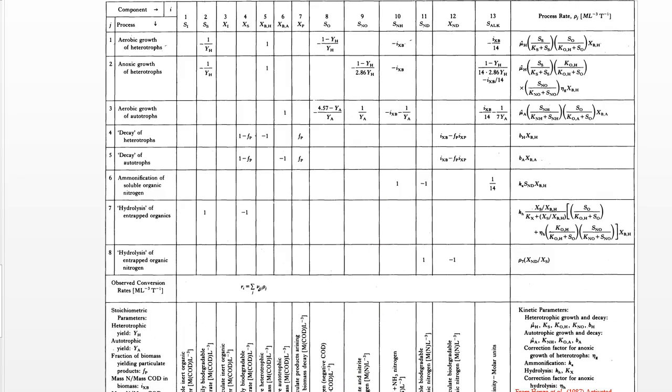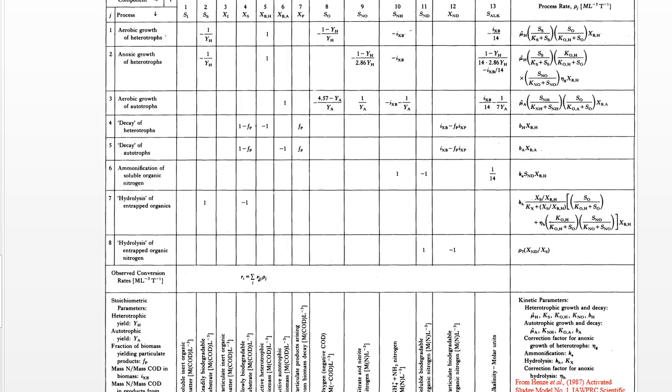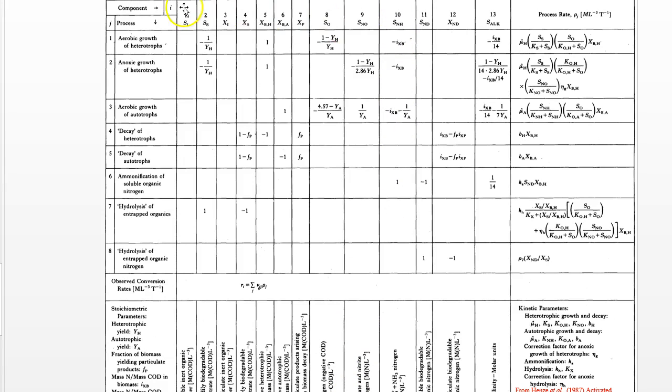Okay, now this becomes a little bit too much for the screen, but you can study this on your own at some point. But we have the 13 different components and the 8 reactions we mentioned, and here is the stoichiometry, and here we have the kinetics, the reaction rates.